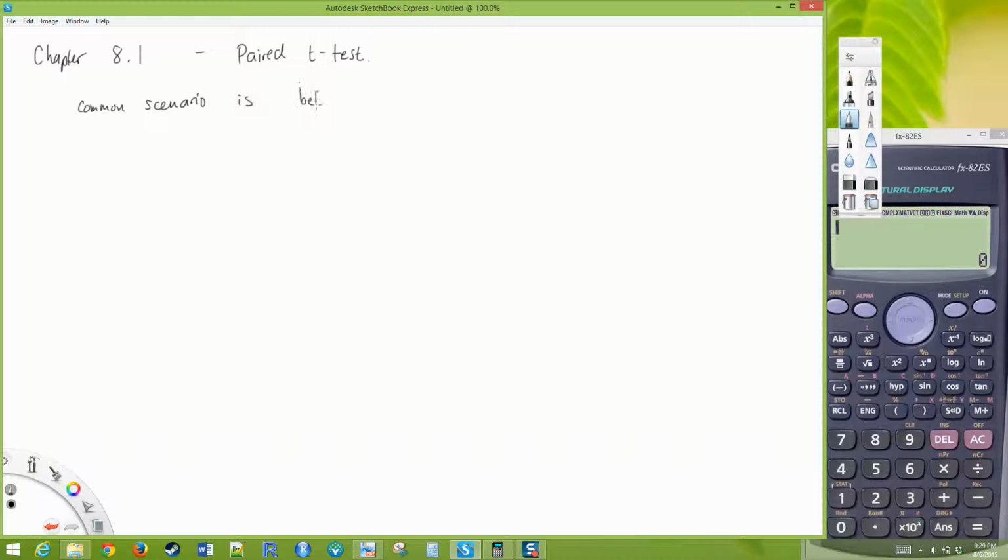A common scenario is before versus after. We want to know, is there a difference before and after? And so we take two measurements on the same subject.